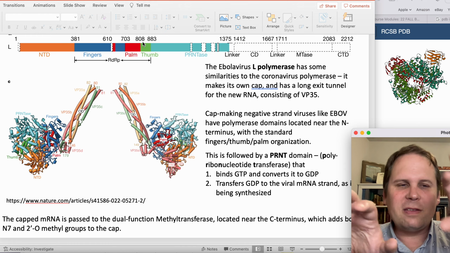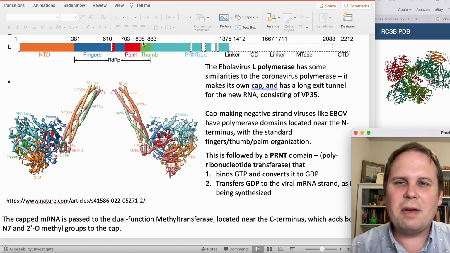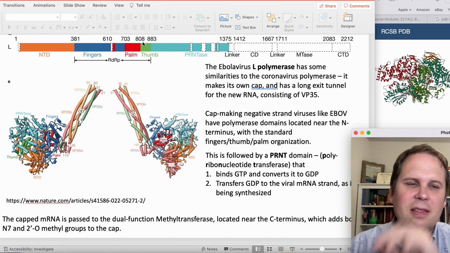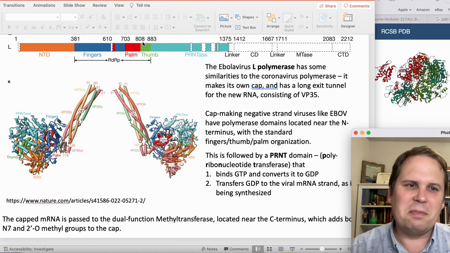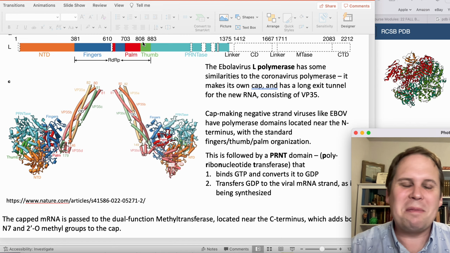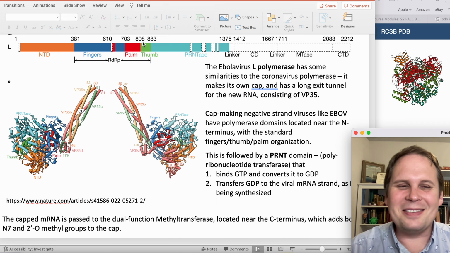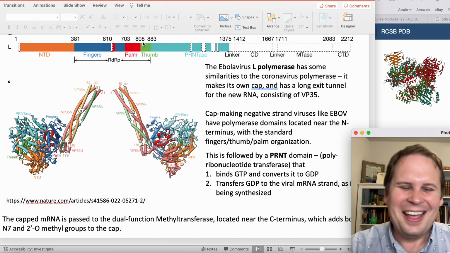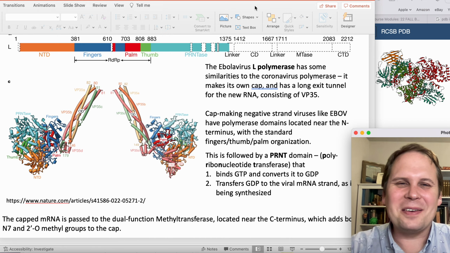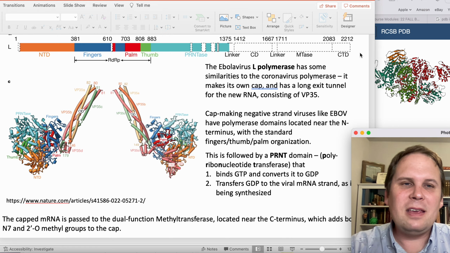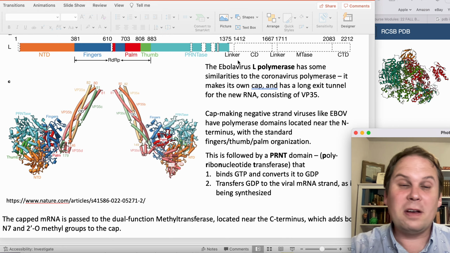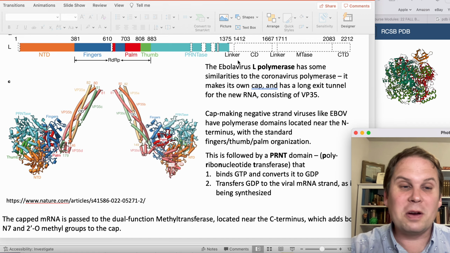Whereas in coronavirus, those were in the opposite order. The NIRAN was actually out front, and the main polymerase came after it. But yeah, whatever. They're not all the same. They've slightly rearranged the same parts and come up with the same answer. And then down here we have the methyltransferase, only it is a dual function methyltransferase, which is super cool.